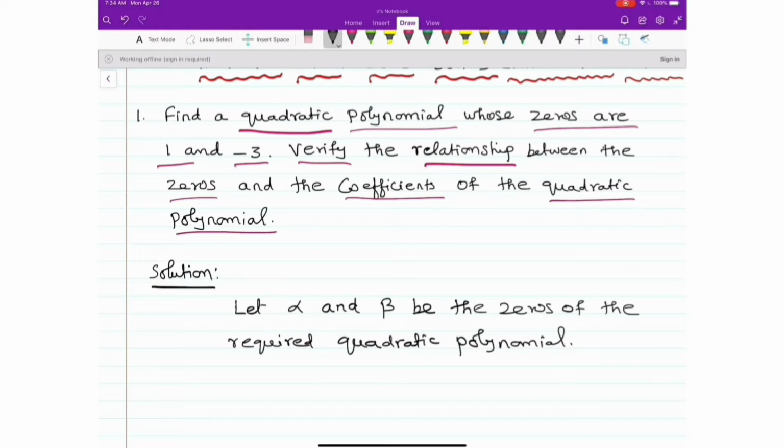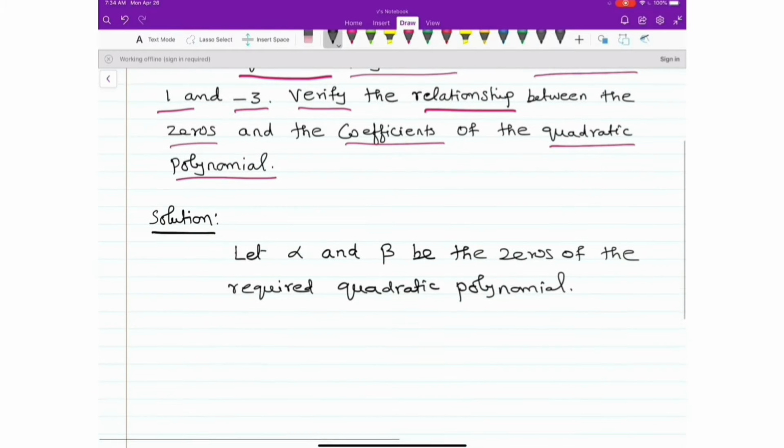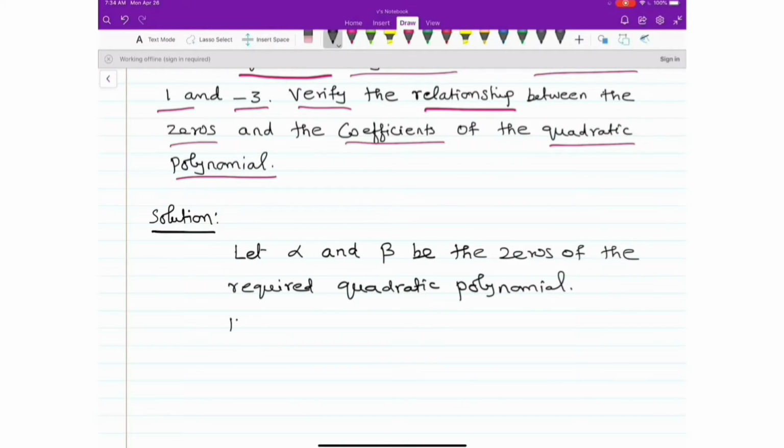So our aim is to find out the quadratic polynomial. So what is alpha here? Alpha is given to you as 1. We can take it that way. Beta is equal to minus 3.